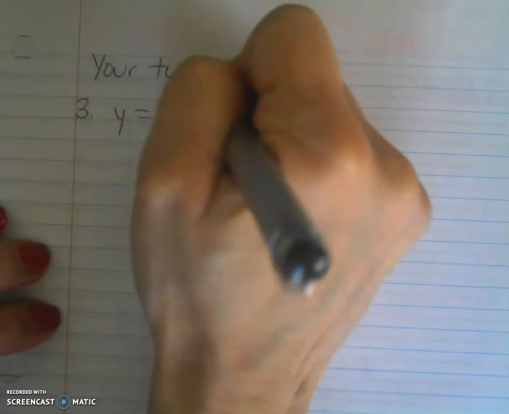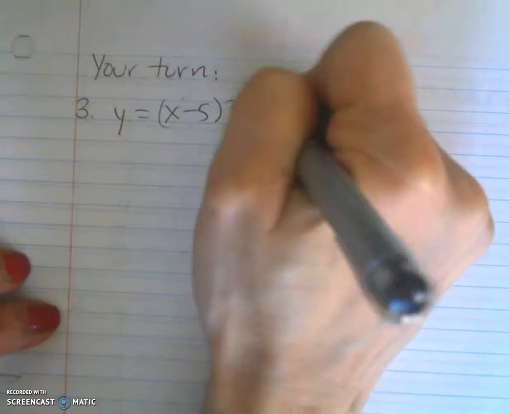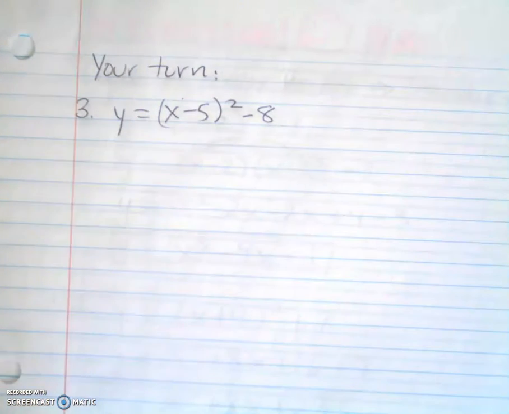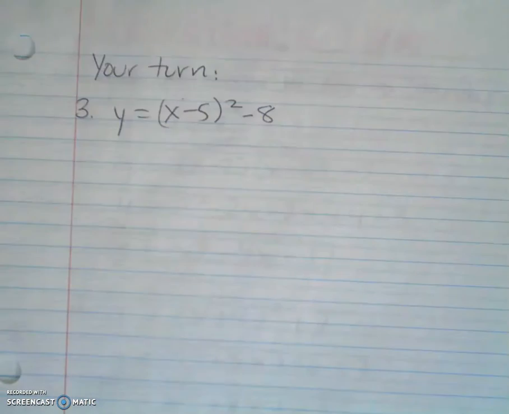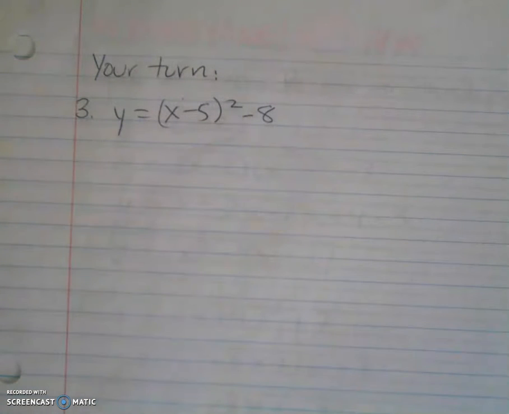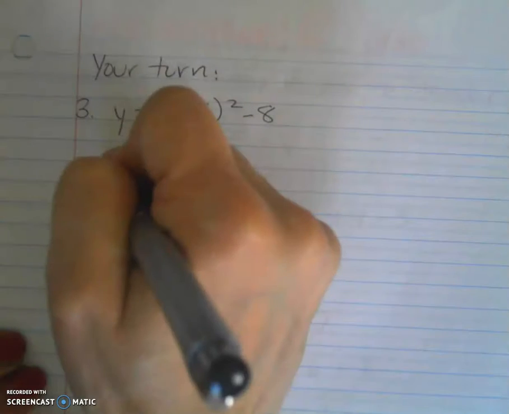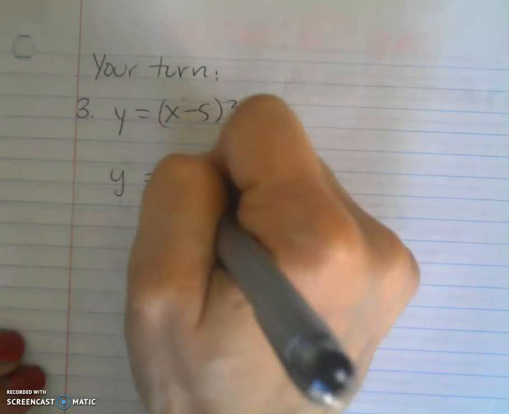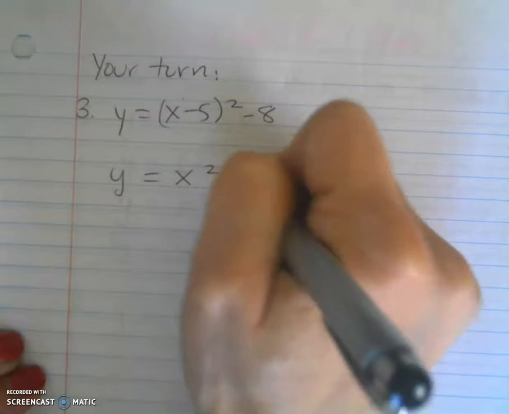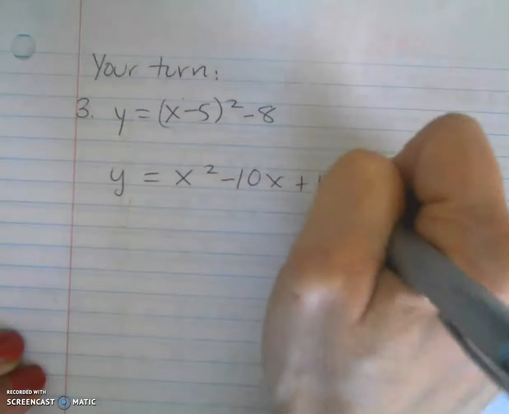We have y equals (x minus 5) squared minus 8. Go ahead and pause this video, work it out, and then check your answer with me. Okay, so your answer should be y equals x squared minus 10x plus 17.